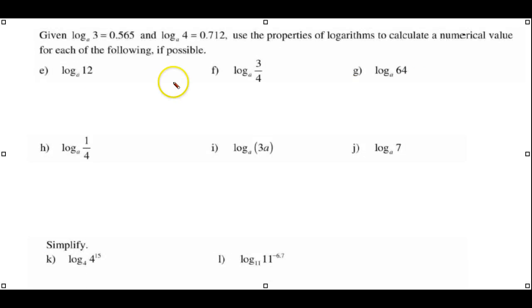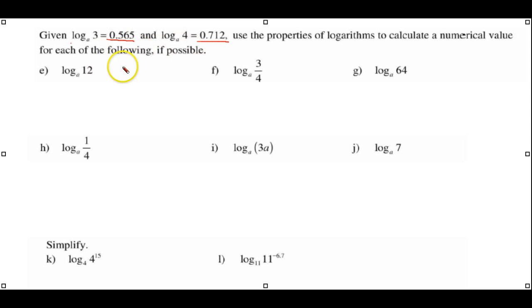All right, let's go on. Now in letter E, they're giving us some logarithmic values. They're saying the log of 3 is this, the log of 4 to this base is this, and it's saying use properties of logarithms to calculate a numerical value for each of the following if possible.